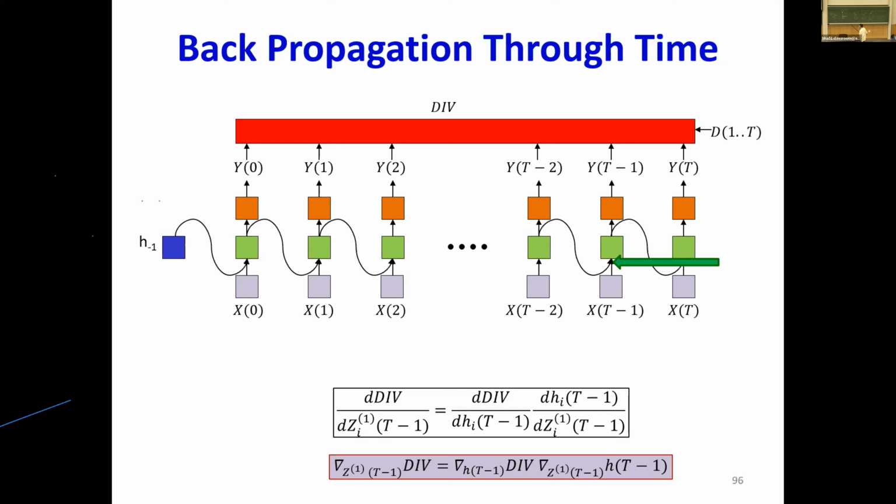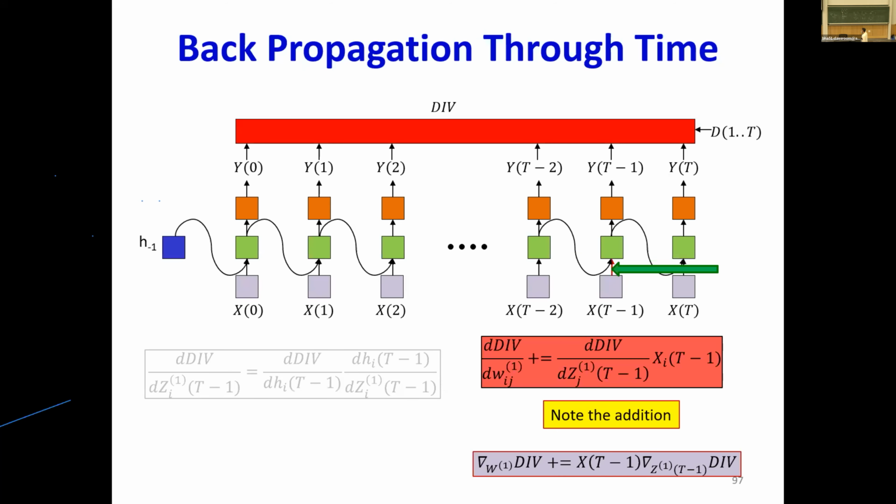So basically what will happen over here is that for the derivative for W1, you're going to have x of t minus 1 times the derivative for z1 of t minus 1, but this is going to be added to the derivative that you got at the final time because it's a shared parameter, right?